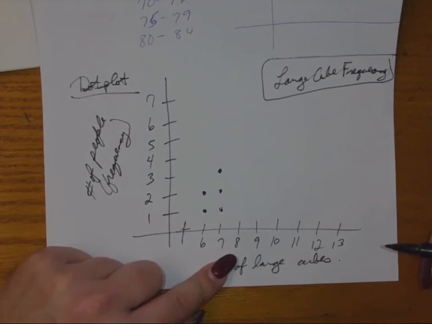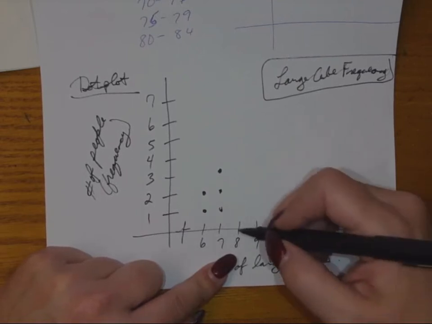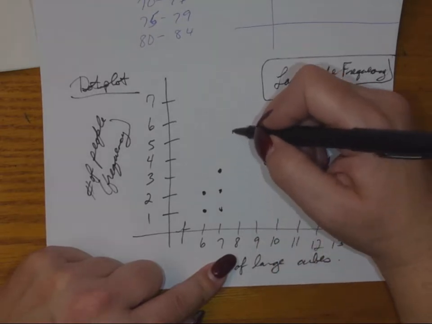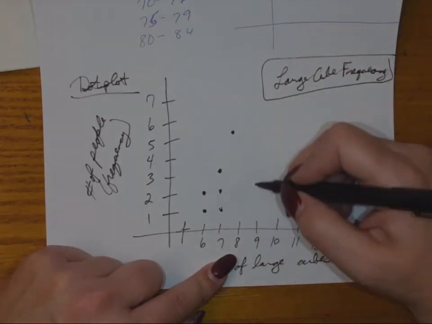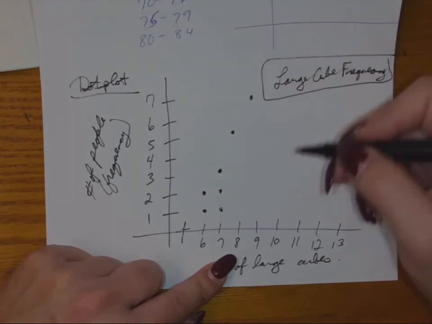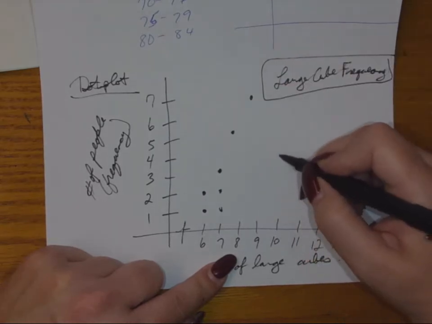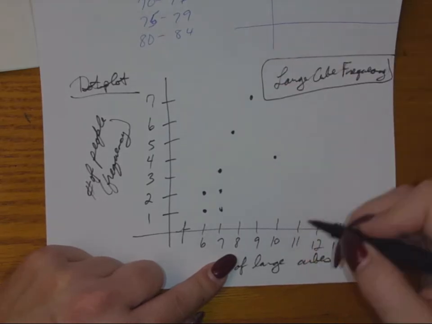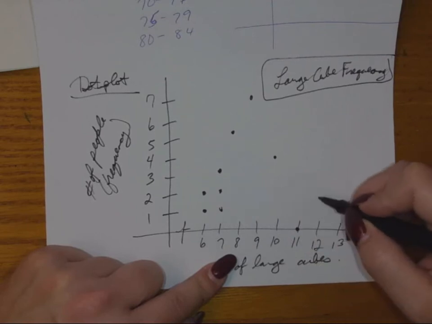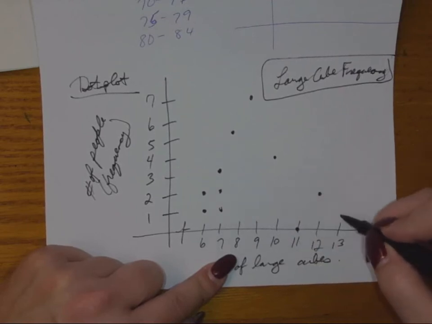So basically every person we have gets a data point. Okay, so 8 was 5, 9 was 7, 10 was 4, 11 was 0, 12 was 2, and 13 was 1.